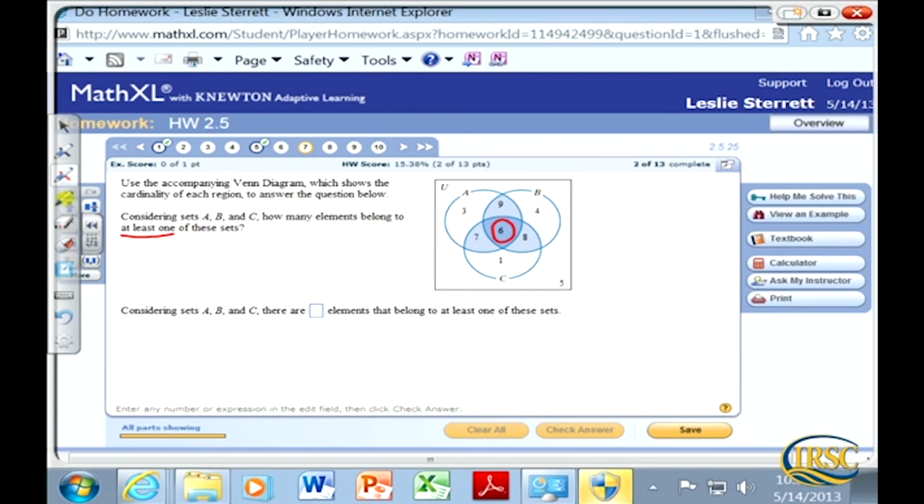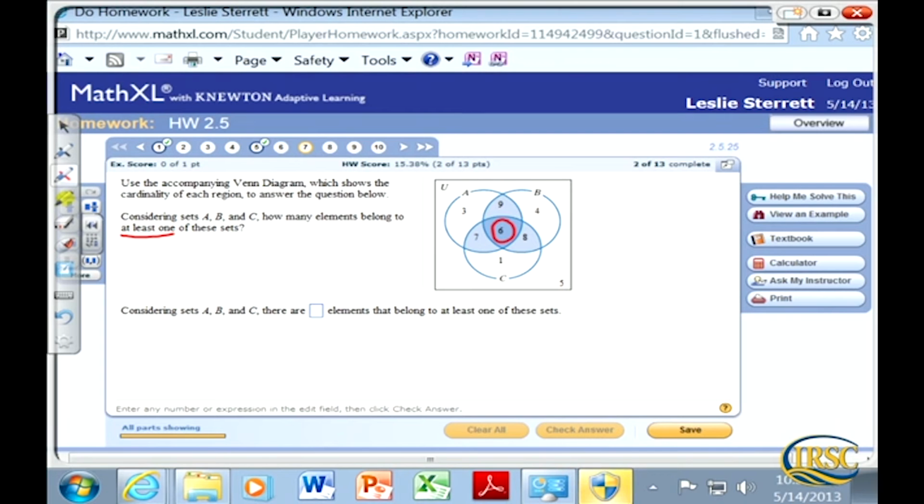Okay, so these are other keywords that you're going to see. At least one, at most one, exactly one. These are some words that they're going to throw at you. So what does at least one mean? At least one means that it belongs to one or more sets.